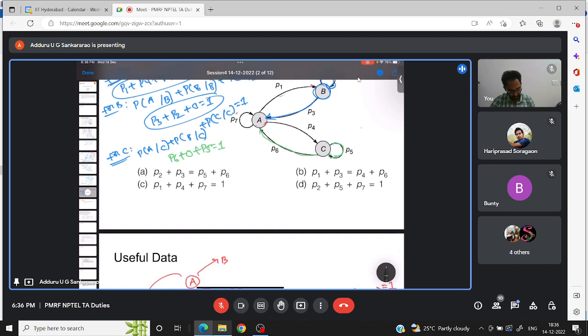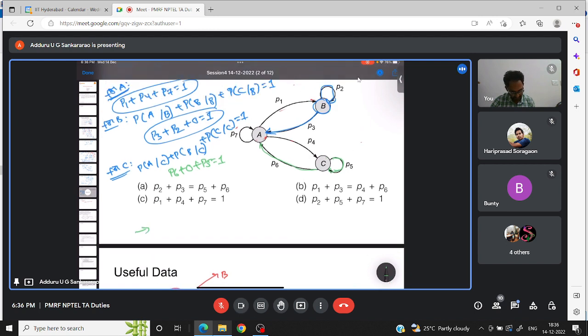So what three equations did we get? First equation is: P1 plus P4 plus P7 equal to 1. So option C is correct. And another thing, from here what we got?